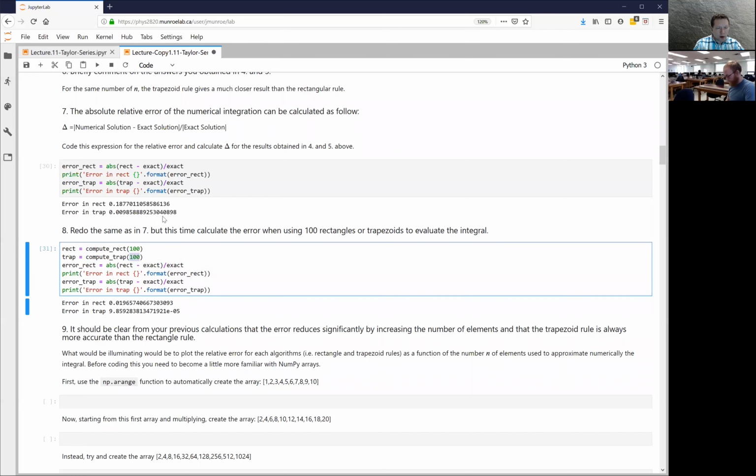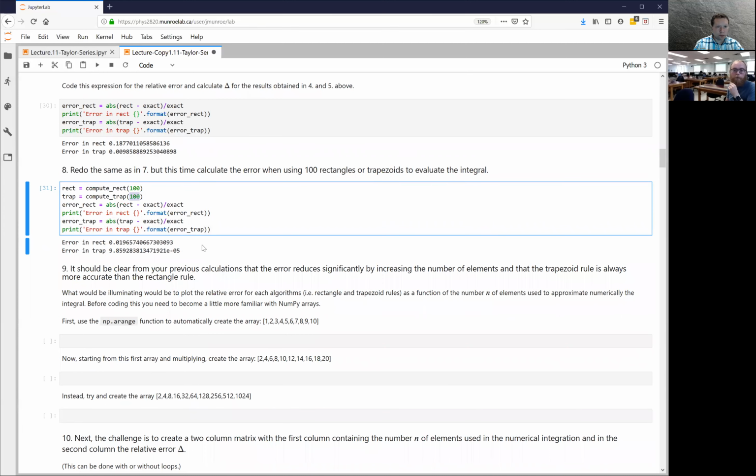What I want to do is I want to walk through making a plot of how the error depends on these values 100 or 10 or whatever. So what should be clear now is error gets reduced significantly by increasing the number of elements, and that the trapezoid rule is always more accurate than the rectangular rule.